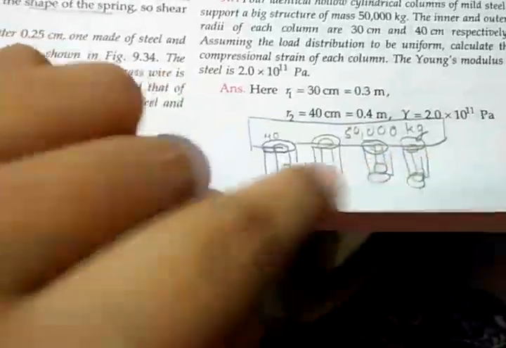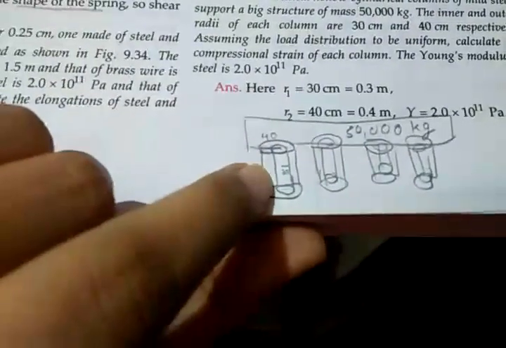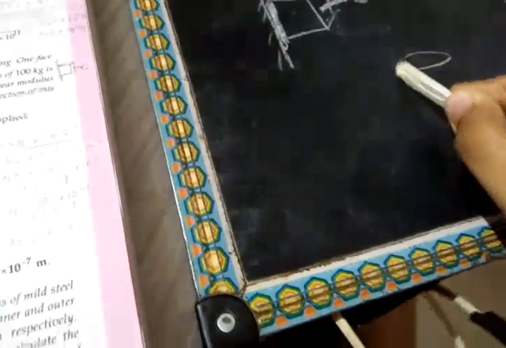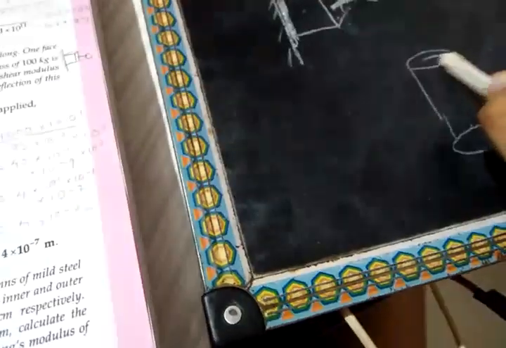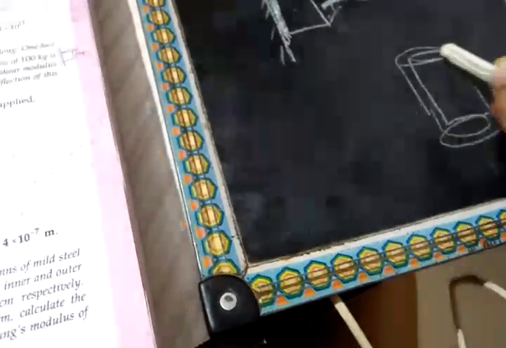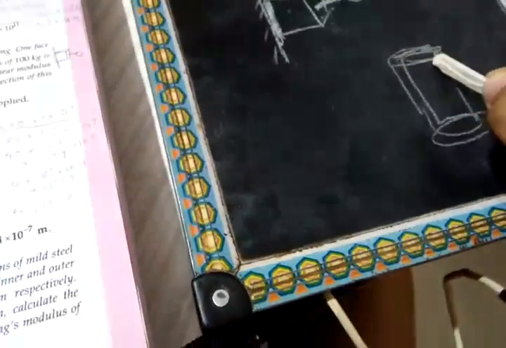Now next, here 4 cylinders are taken. On those 4 cylinders a mass of 50,000 kg is put, and the cylinders are hollow, like a bottle, a simple hollow cylinder.